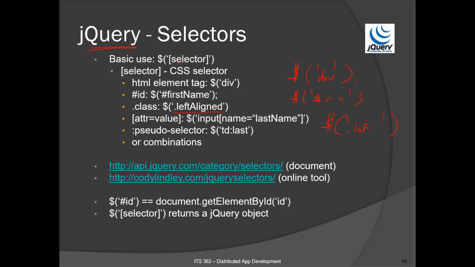We can select an input with a specific name, like last name, etc. That's the beauty of this: jQuery is like a search engine kind of logic that you just have to understand, and you can grab a lot of tags. You could grab all the text boxes, all the buttons, all the inputs, or just certain ones, or you can just modify something about them. It's about being clever, and I'll show you a lot of examples of how this can be done.